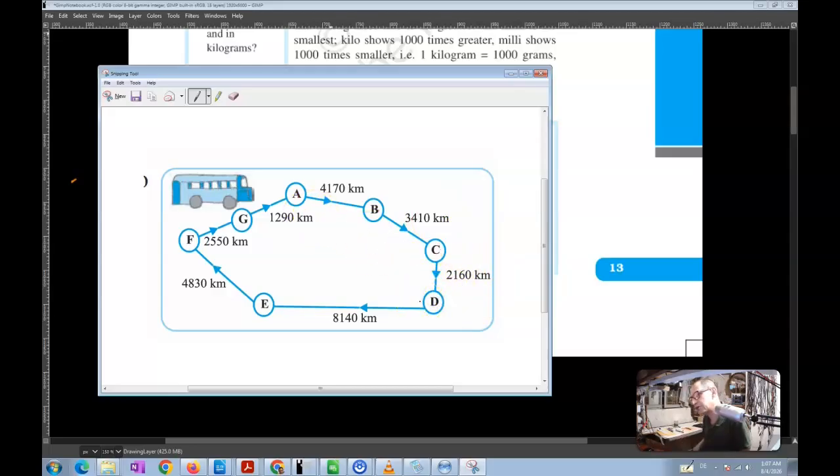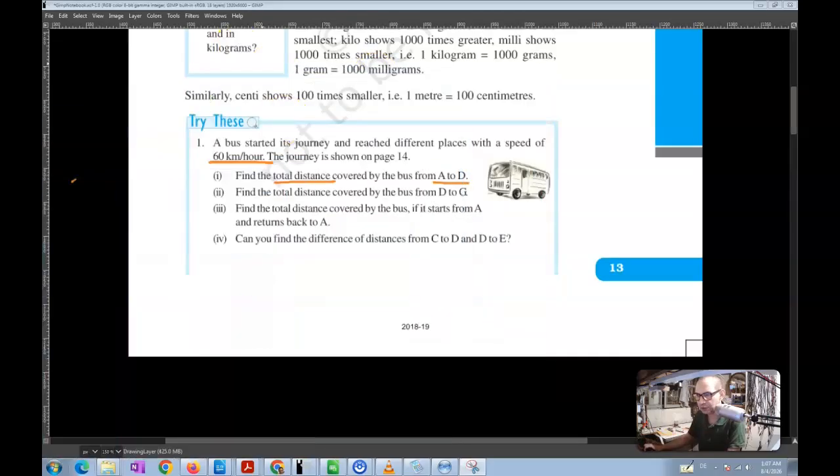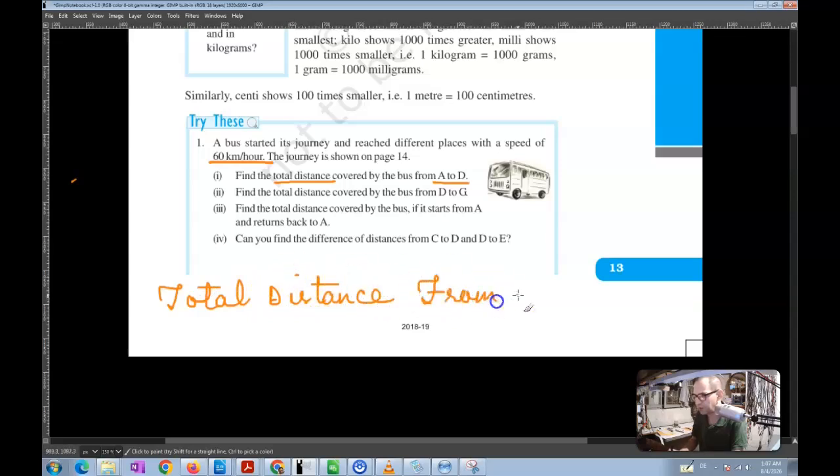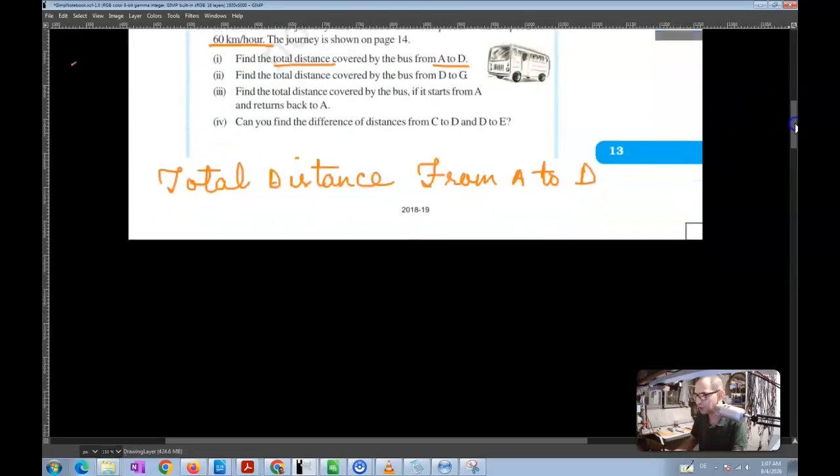Now in order to calculate the total distance covered by the bus, you will add the three distances together, right? So what I'm going to do is say that the total distance of course from A to D would be this calculation.